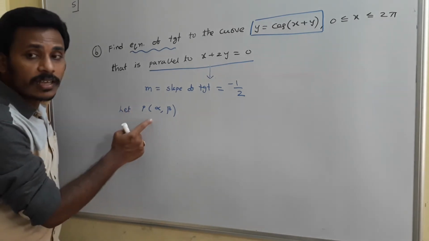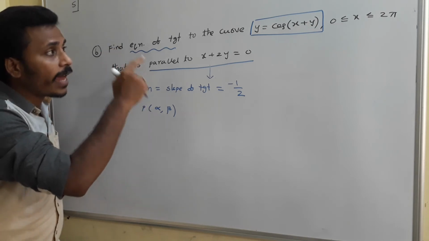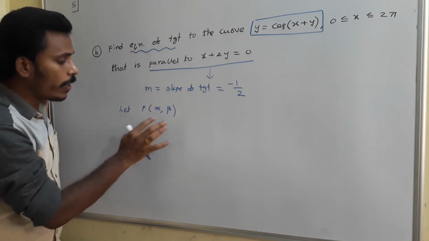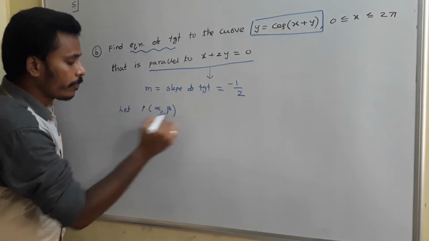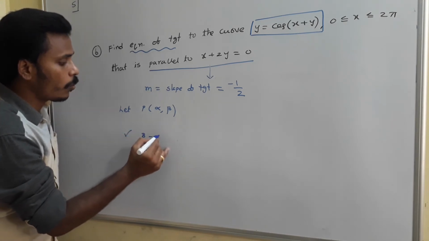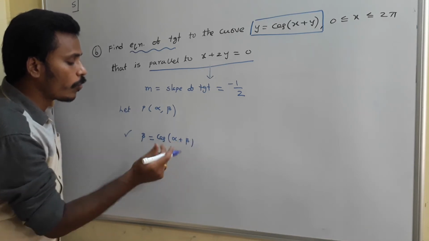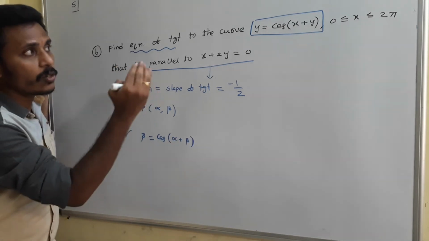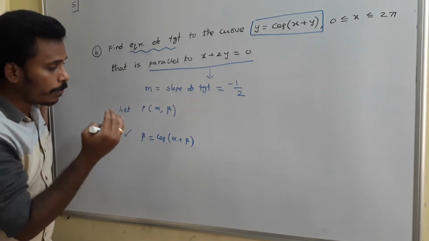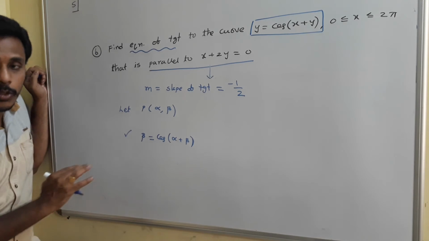And for sure this alpha comma beta is a point on the curve, because it is the equation of tangent to the curve at the point. So since the point is on the curve, beta equals cos of alpha plus beta. This is one relation we have. y equals cos of x plus y. Replace y with beta, x with alpha. So beta equals cos of alpha plus beta is one relation.